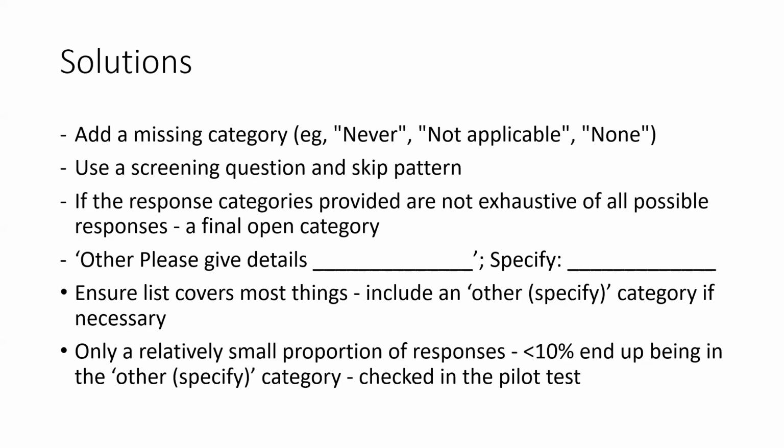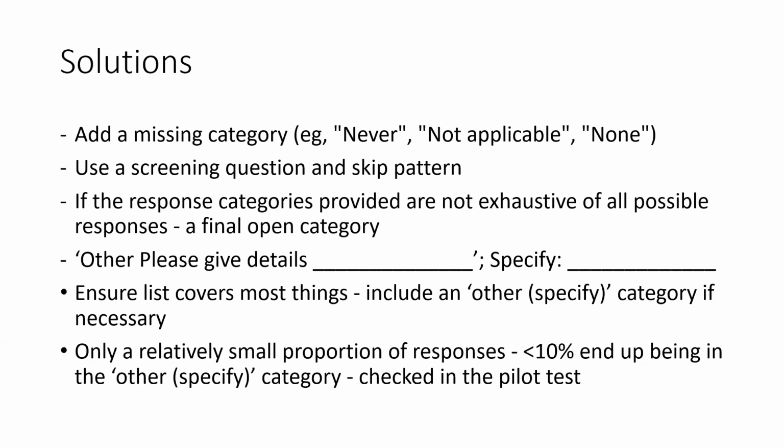Then if the response categories provided are not exhaustive of all possible responses, you know that, okay, I have tried my best to include all possible options I am aware of, but there could still be some other category. Then you put this option of others, but always remember to mention, specify, or please give details. You cannot just mention others and leave it as such.